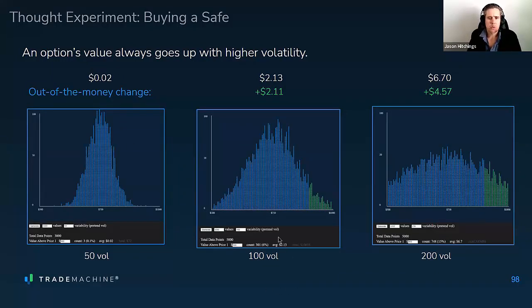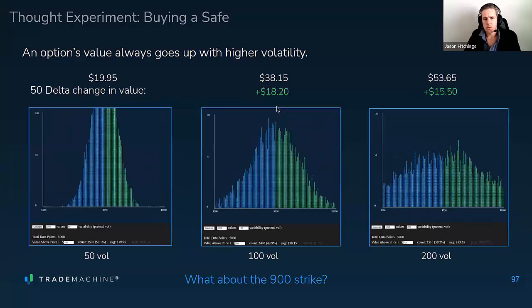When we bump that up to 100 vol, we added $2. So the total value we added is a lot less, but as a percent, that value increased astronomically. So up 100 times as a percentage, but it only added $2 of real value. It just started at such a low value. And as we go from 100 to 200, we see it increases further.